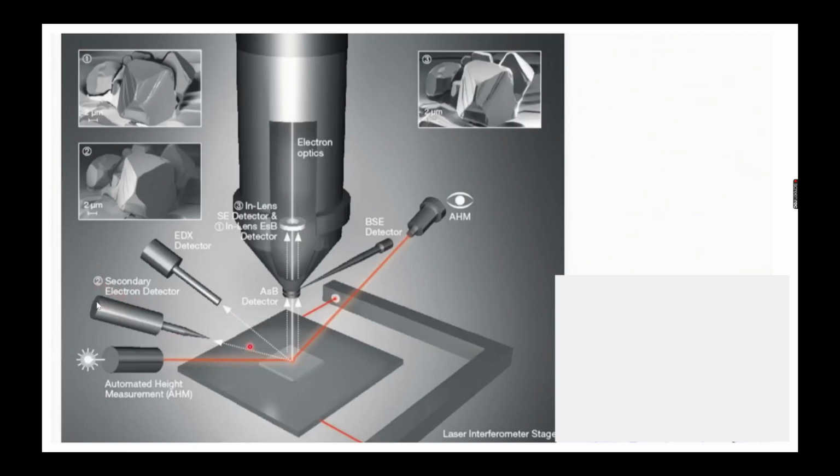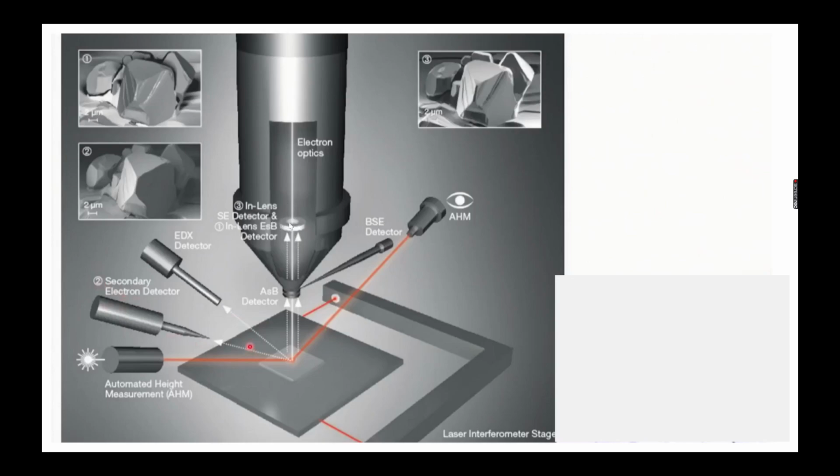So this will be your secondary electron detector. This side will be your EDX for elemental analysis, and this side is your BSE detector, because your primary electron beam will come and the backscattered electrons go in a similar direction to your primary electron beam. And here the in-lens detector will also detect your SE and BSE, right?